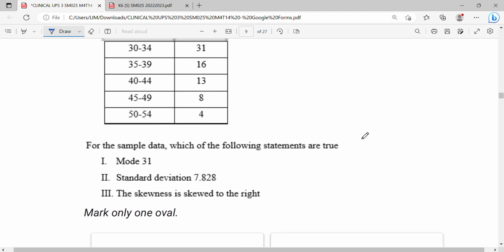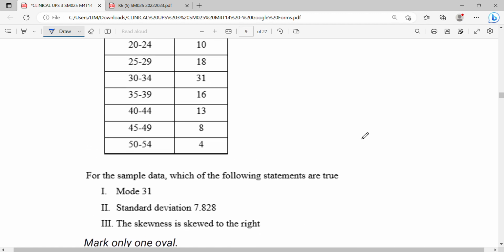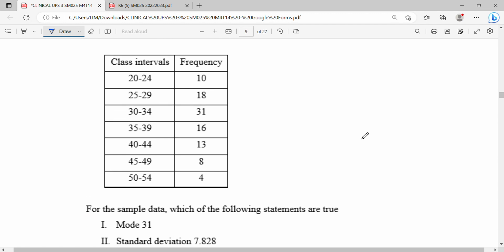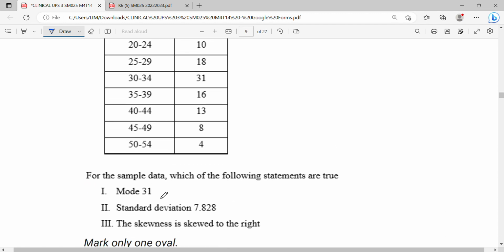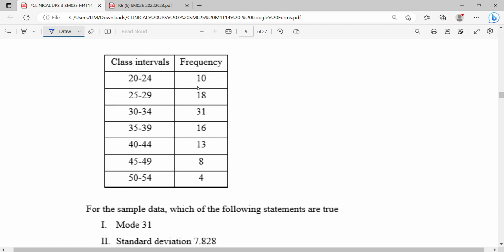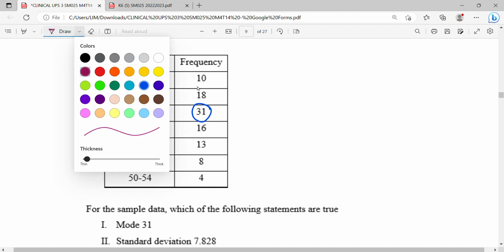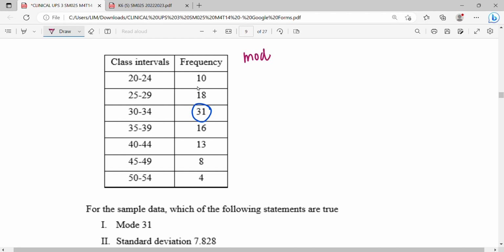What else is this? Okay, this statement is 2. Is the mode 31? The highest frequency here is 31. Right? The highest frequency here is 31. What's the formula for mode? Mode for grouped data: L plus D1 over D1 plus D2, times C. So the class is 30 until 34, lower boundary 29.5.